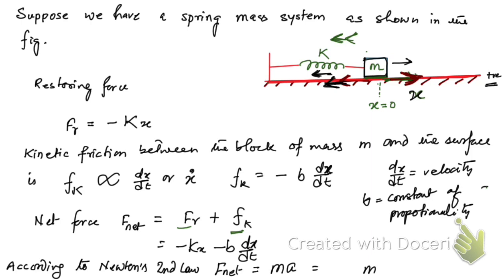Acceleration a is equal to the second order derivative of x with respect to time t. Hope you know these things. So that is what we get, and that's why we can write this.